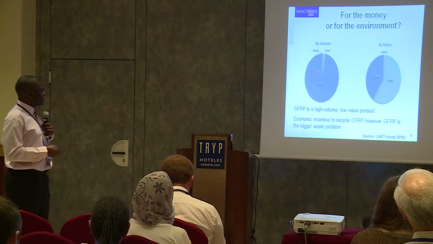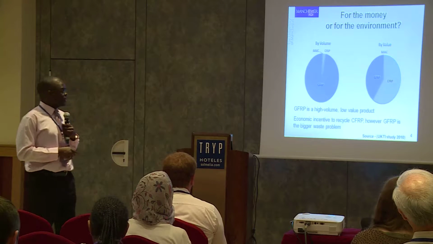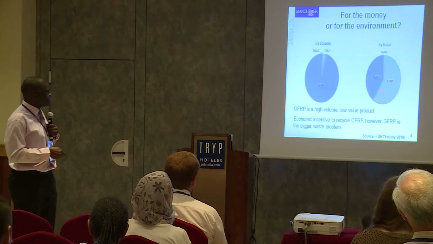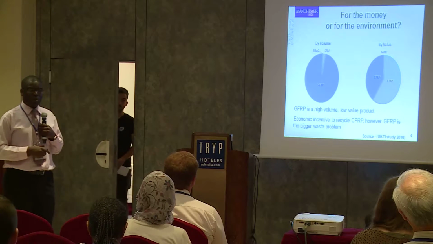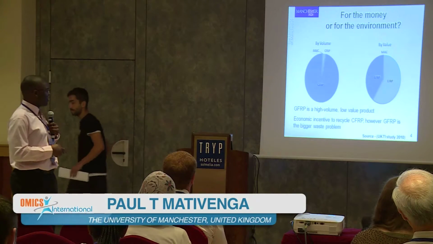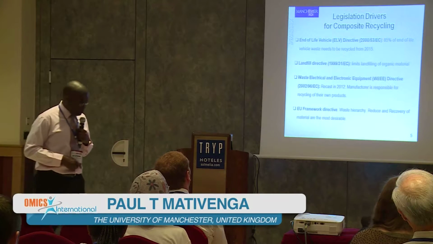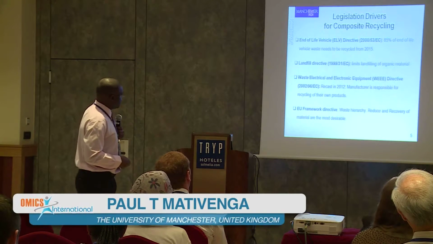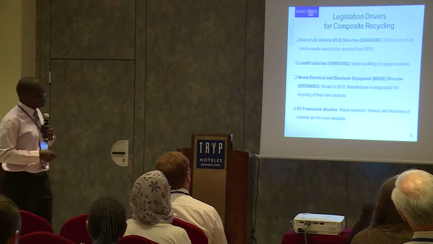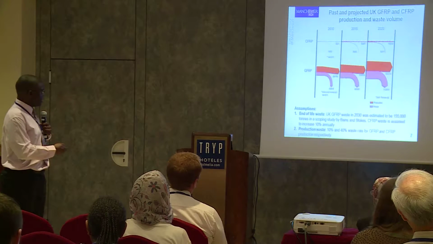If we can recycle as much glass as possible, it will be good for the environment. If we can recycle as much composite as possible, then we can make money because of the cost associated with composite fibers. So there are a number of directives here that are driving the recycling of composite materials.